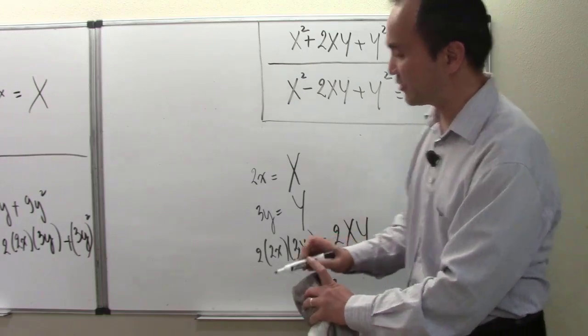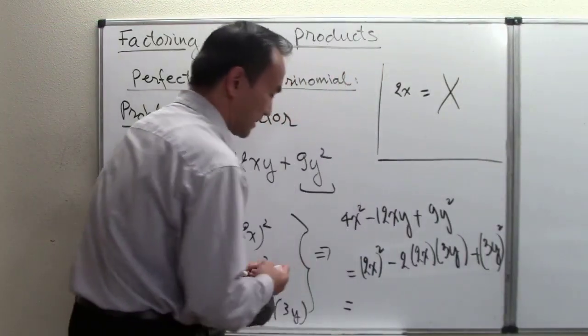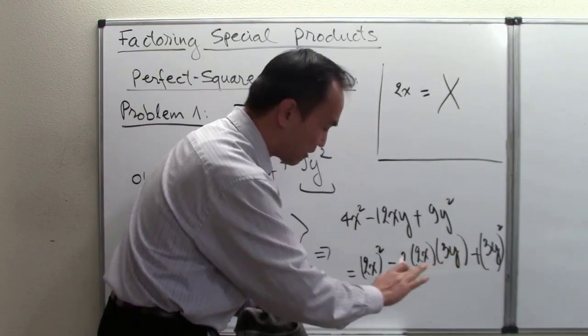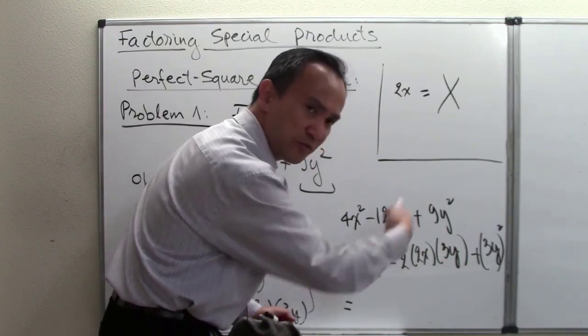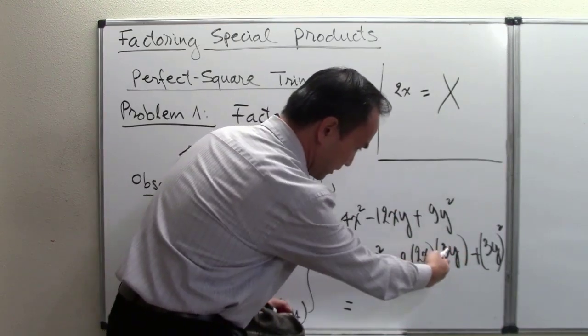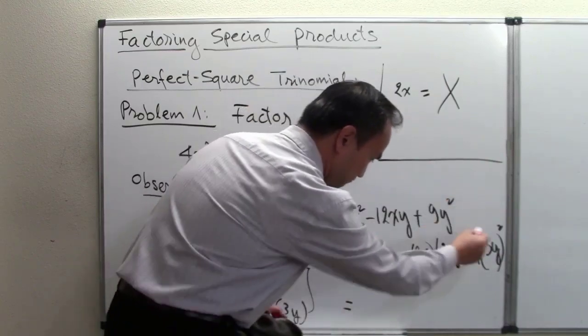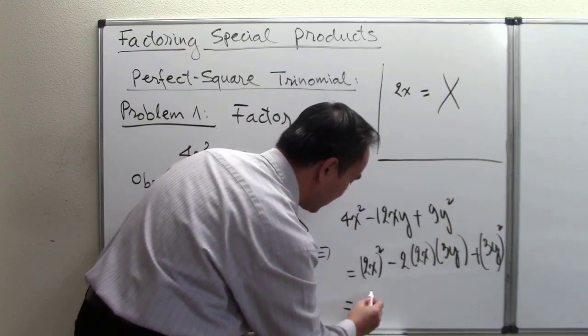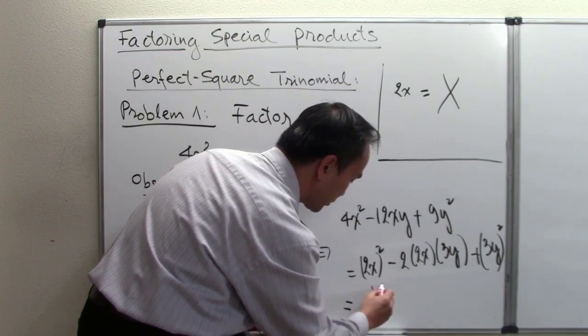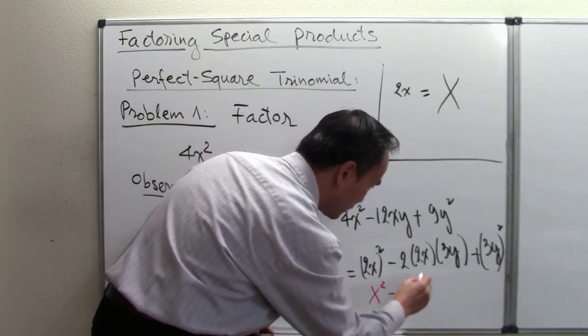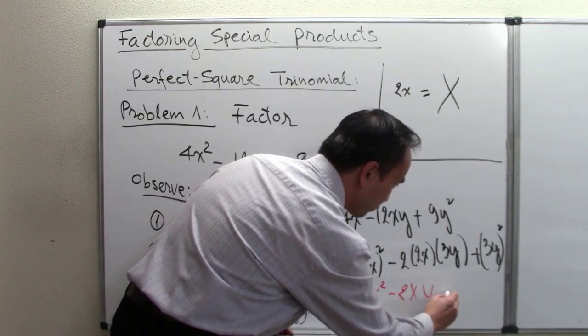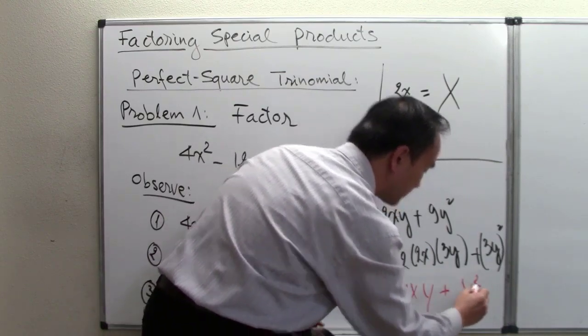So in this case I realized that, wait a minute, if 2x is a substitution for the capital X, and the 3y is a substitution for the capital Y, then my setup here is exactly, this step is just optional, capital X squared minus 2XY plus capital Y squared.